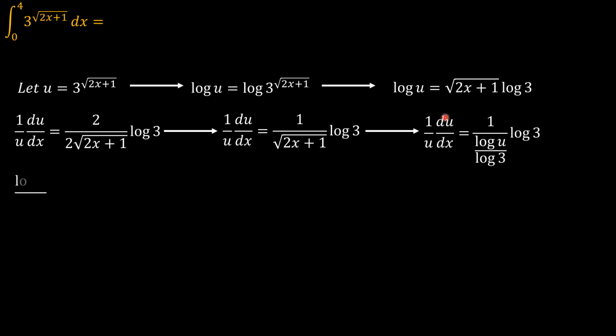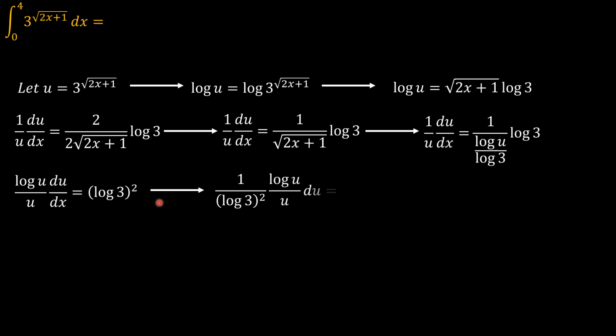So rearranging things, we have log u over u du dx being equal to log 3 squared. And that means that now we can have 1 over log 3 all squared times log u over u du being something we could use to substitute for dx.